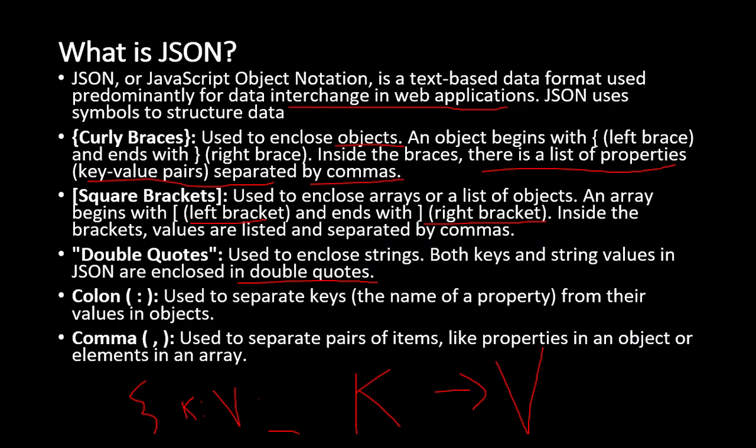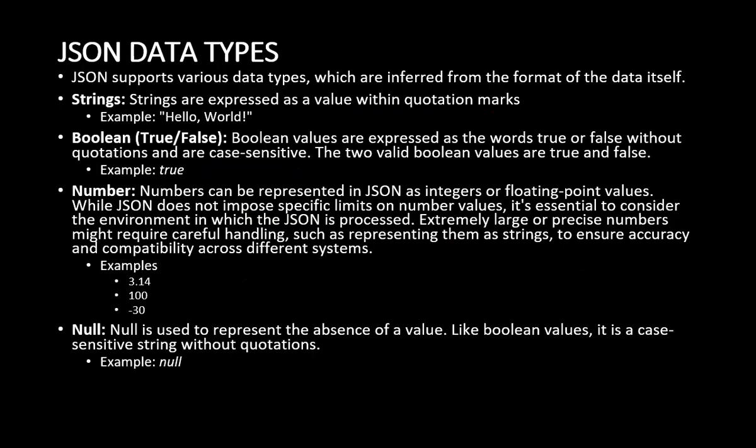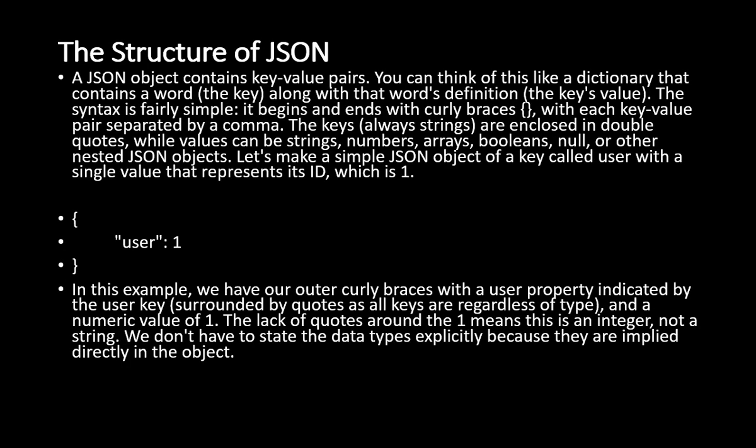And then comma is used to have multiple items. JSON supports various data types like strings, boolean, number, and null as well. Null means there is no value. So this is the JSON format.